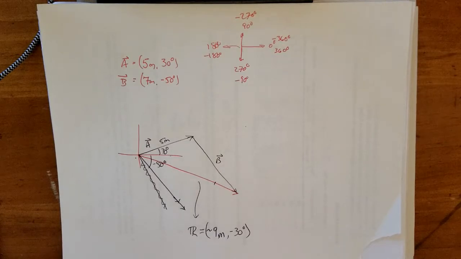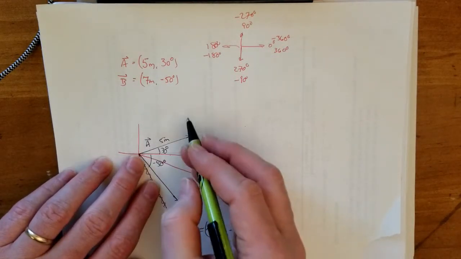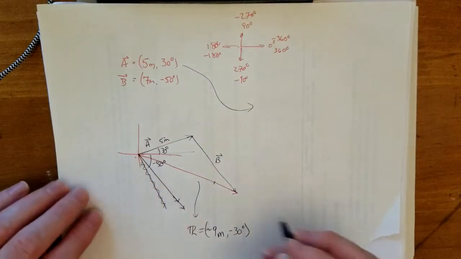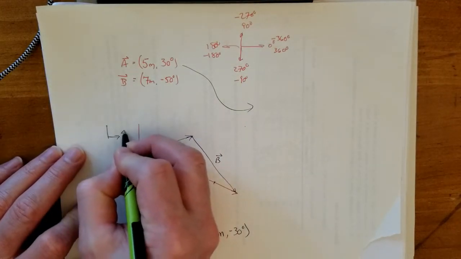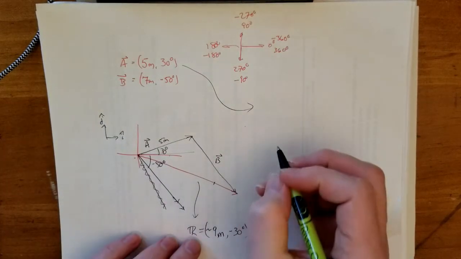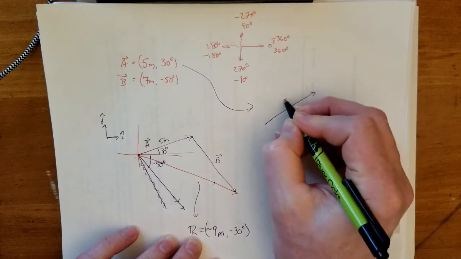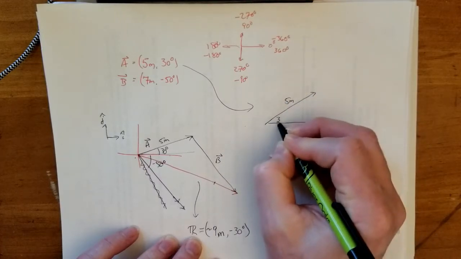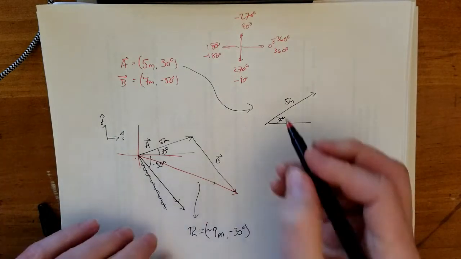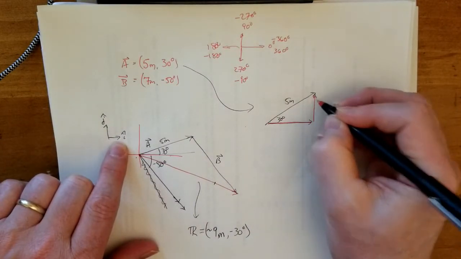Now let's actually go through and do it more formally. I take this vector, so I'm going to basically break it up into components here. So I'm going to establish my coordinate system, i hat, j hat. And I am going to do what's called break into components. So I have this 5 meter vector, angle of 30 degrees, and I want to figure out how far over to the right am I going and how far up am I going.